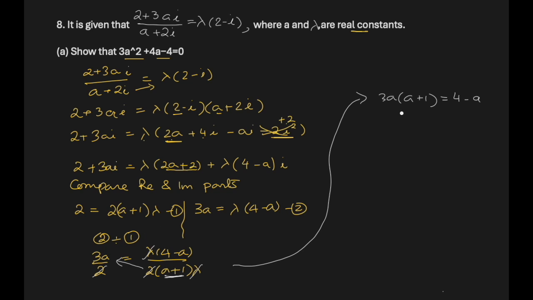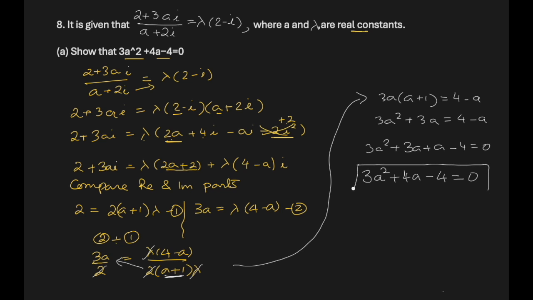Nothing is left. So this becomes 3a squared plus 3a equal to 4 minus a. So 3a squared plus 3a stay here, a goes there and 4 also comes, they change their signs. So plus 4a minus 4 equal to 0. This is what they asked us to show.